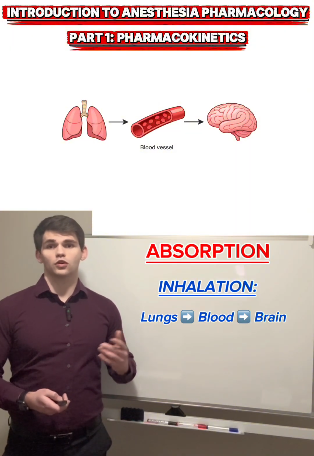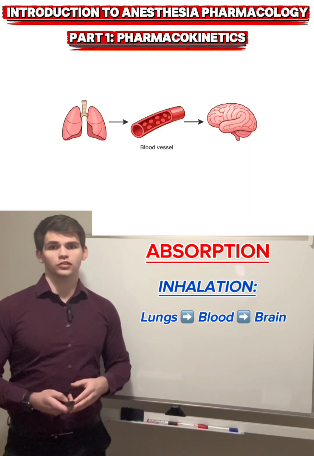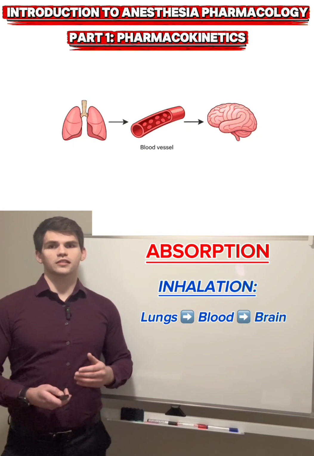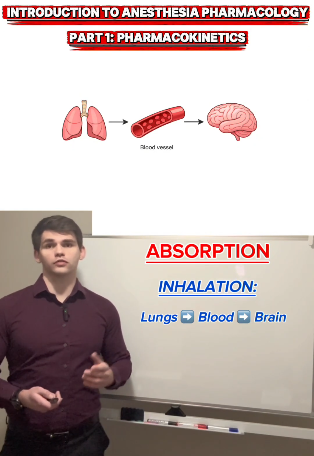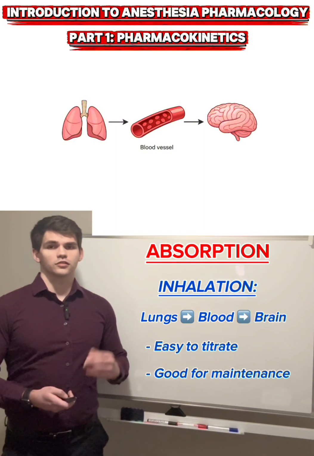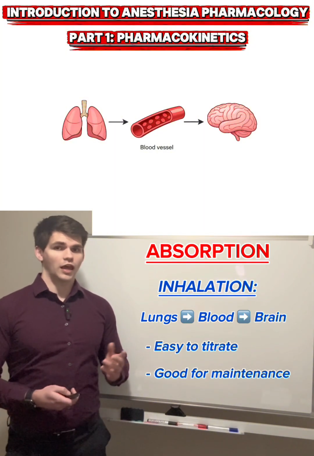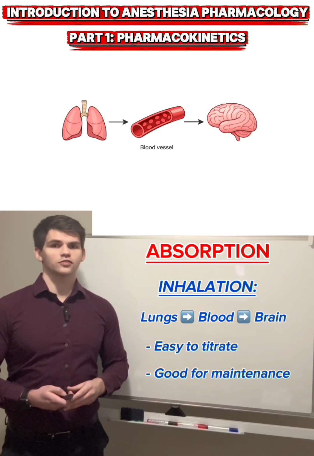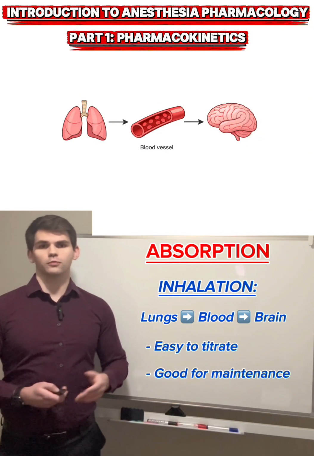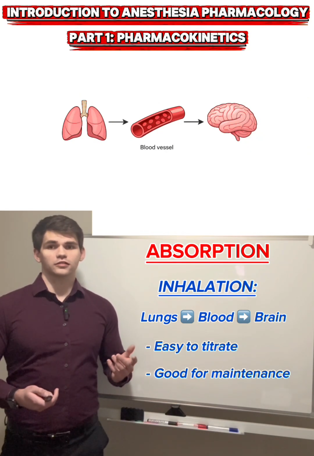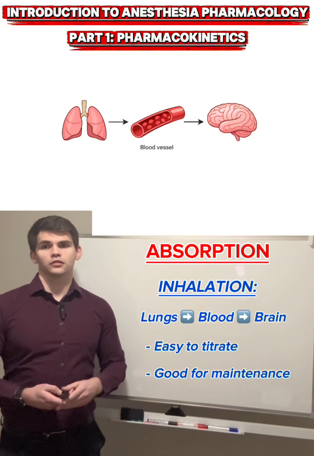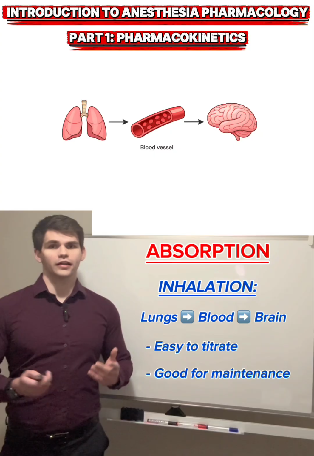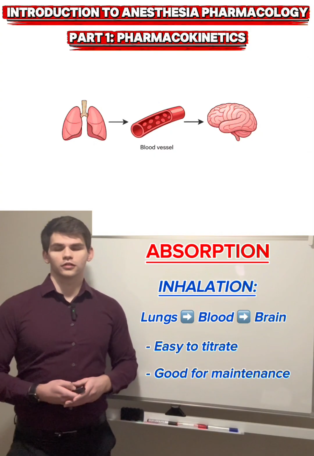You can increase or decrease the inspired concentration and change anesthetic depth during the case. That makes inhalation anesthesia especially useful for maintenance. So it's easy to titrate and it's good for maintenance. But inhalation depends on things like ventilation, cardiac output, and the blood gas solubility of the agent. So again, route matters because it changes how quickly and how effectively the drug works.